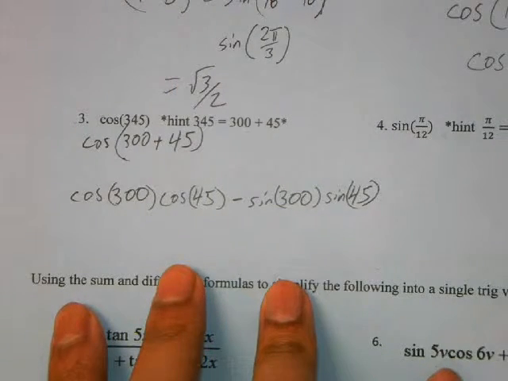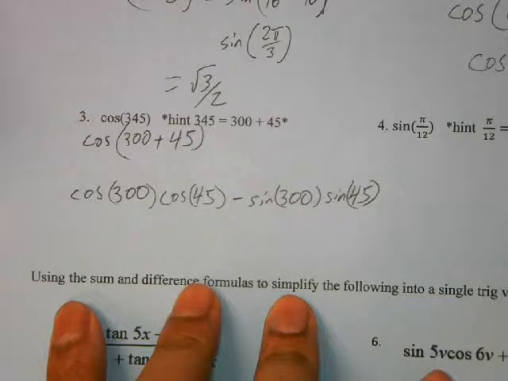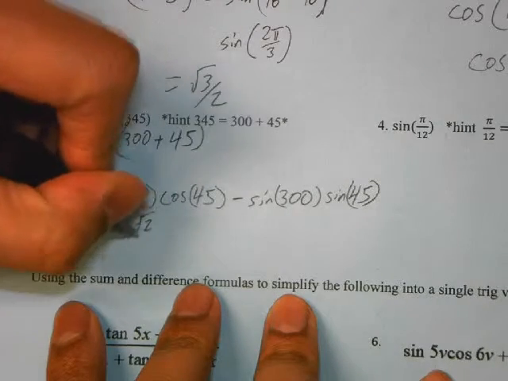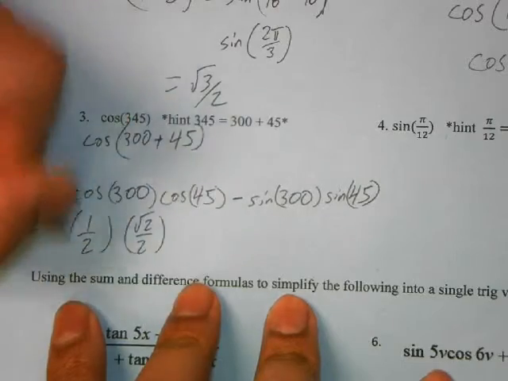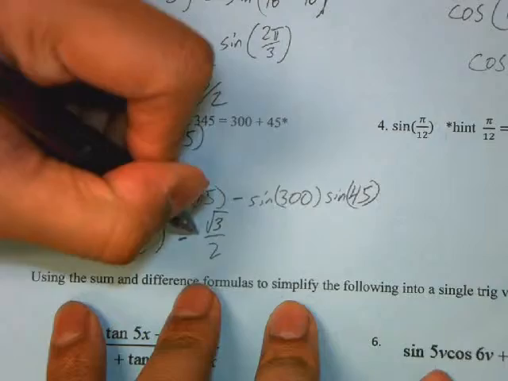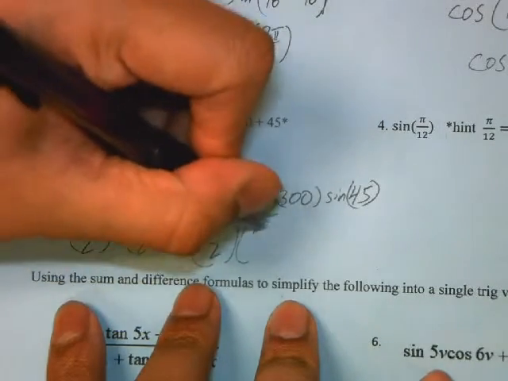So what we can do now is go to our unit circle and start looking up what these values are. If we look up what these are, we're going to get that this cosine is 1/2. This will be root 2 over 2 minus square root 3 over 2. That's going to be negative, actually. And root 2 over 2.